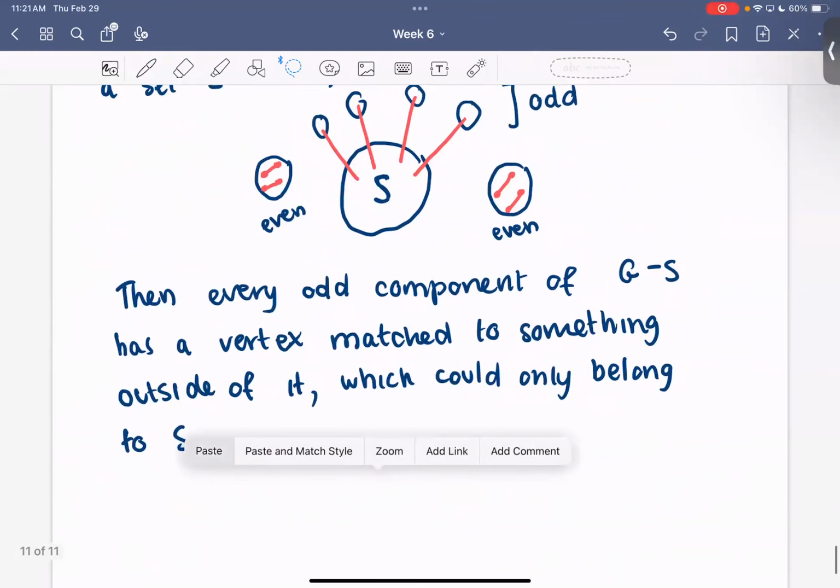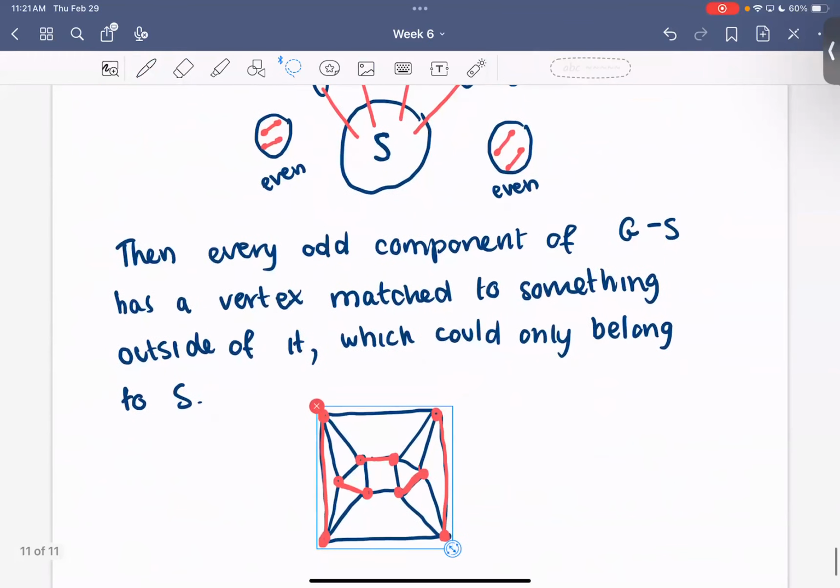Okay, let's have a look at this one. So here we have a one factor. So let's pick a set S. I don't know if I'm going to be able to pick a set S that really disconnects this. Let me make a different example.